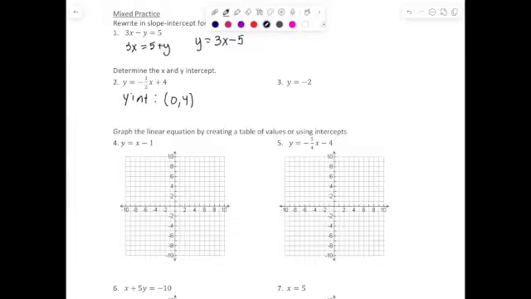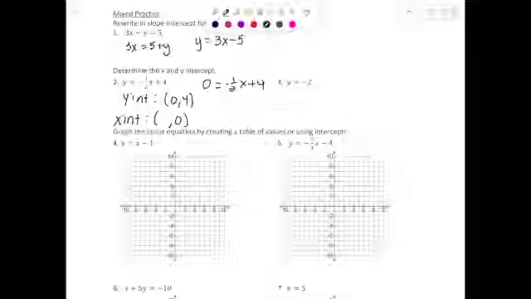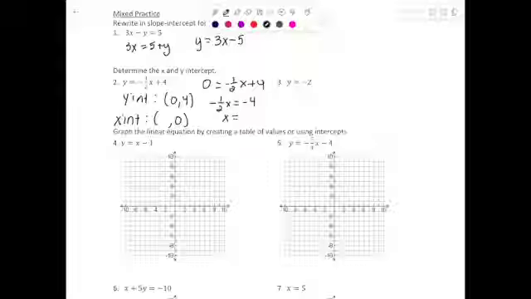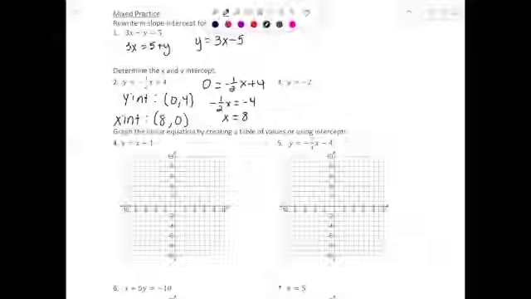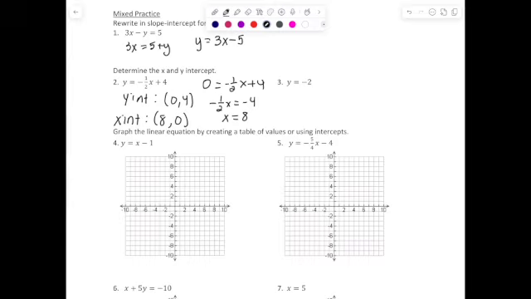Now we have to just solve for (x, 0), the x-intercept. So 0 equals negative 1/2 x plus 4. Let's solve. I get negative 1/2 x equals negative 4. x is going to give me 8. Okay, again, you want to be really fast at solving these equations at this point.